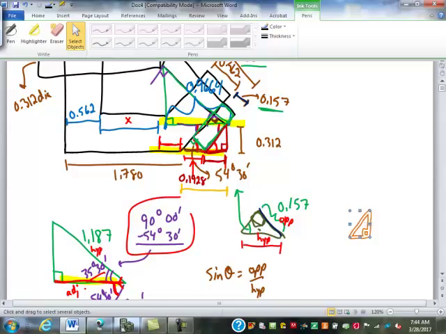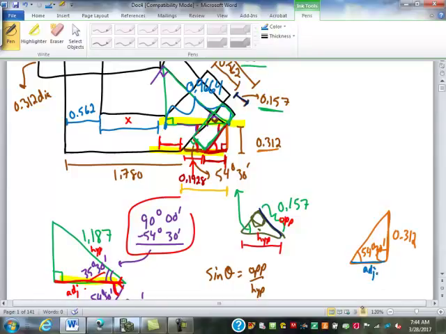In that triangle, I again know that this angle here is the 54 30, and I'm given that this height, this side, is 0.312. I'm looking for this bottom side. According to that angle, that would be the adjacent side. The 0.312 would be the opposite side.